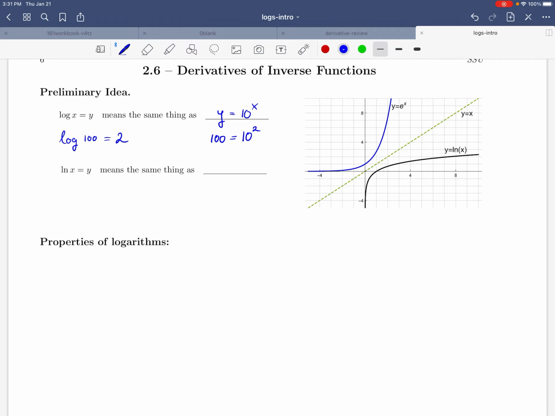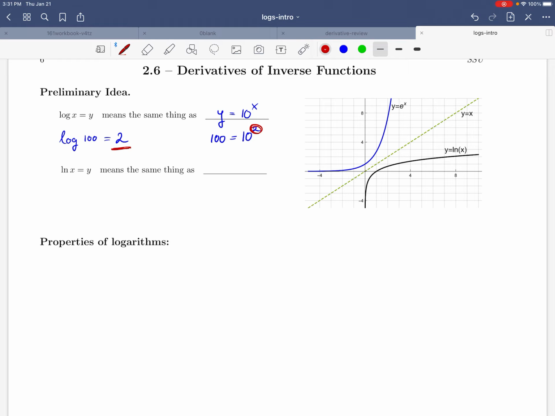So the log is really the exponent you have to take 10 to get 100 in this case. So right here, the output of a log function is an exponent in the associated exponential function.